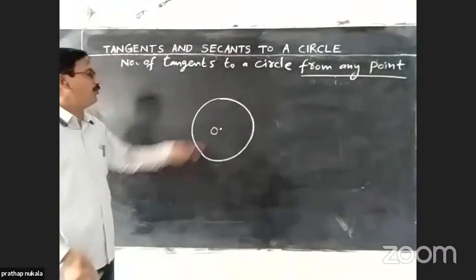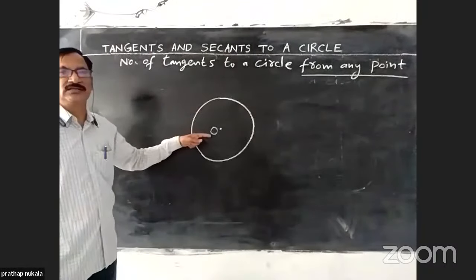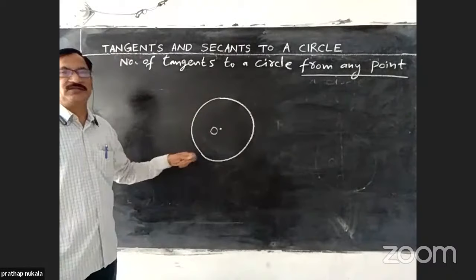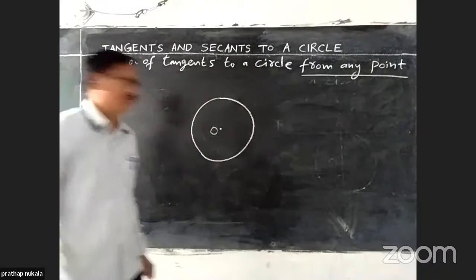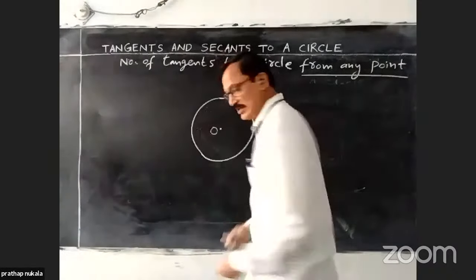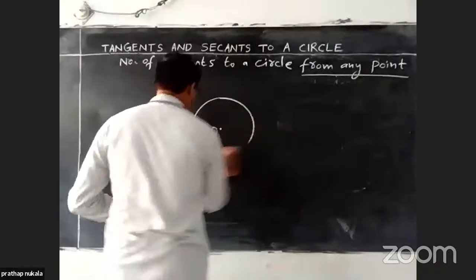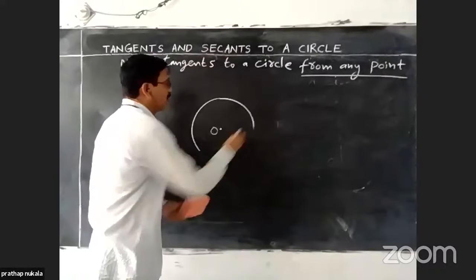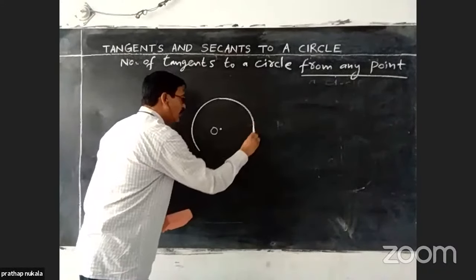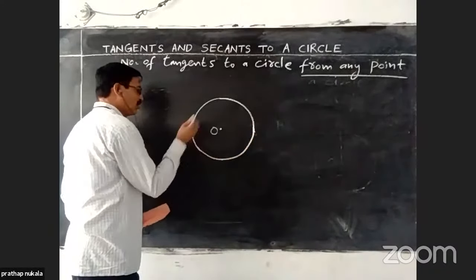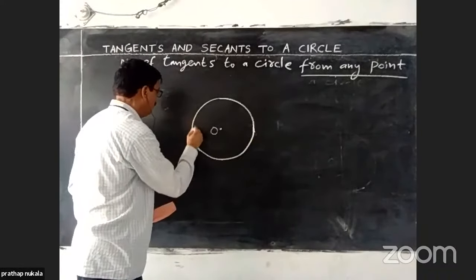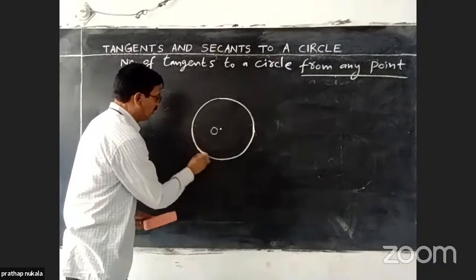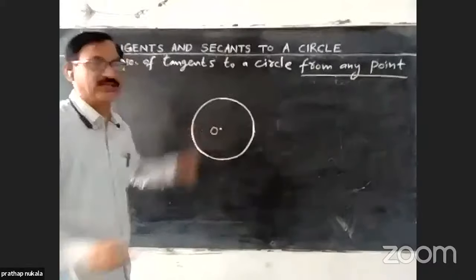Now, how many types of points will be there with respect to the given circle? What is the classification of the points with respect to the given circle?